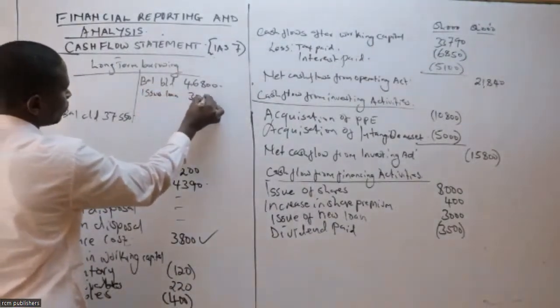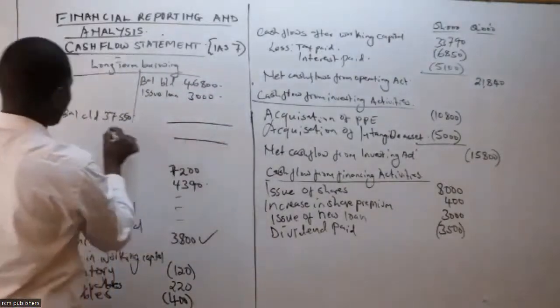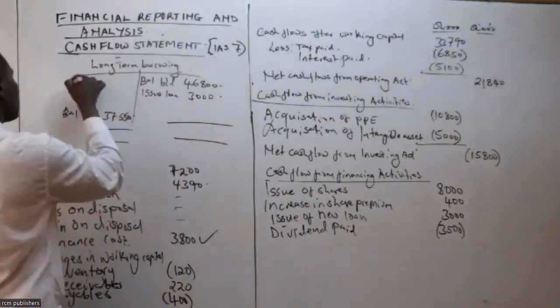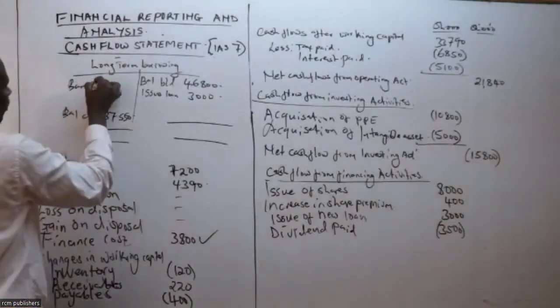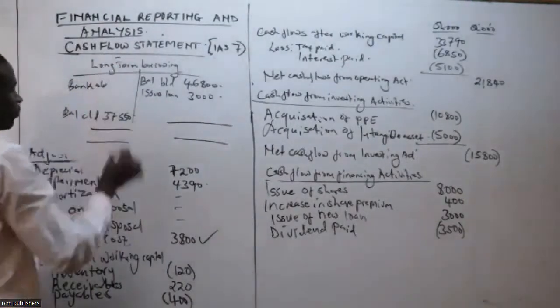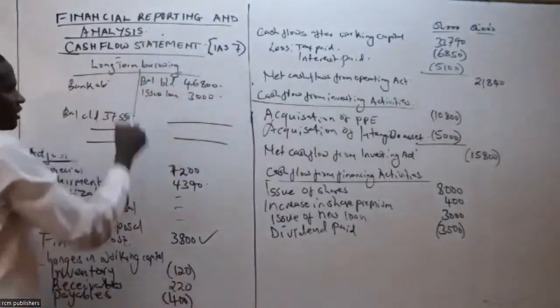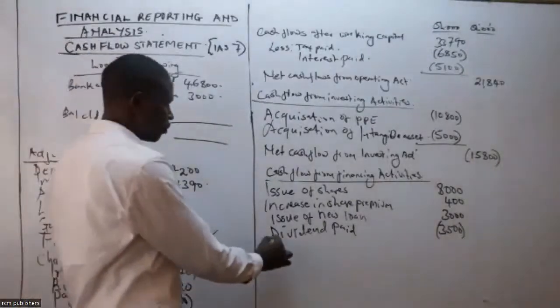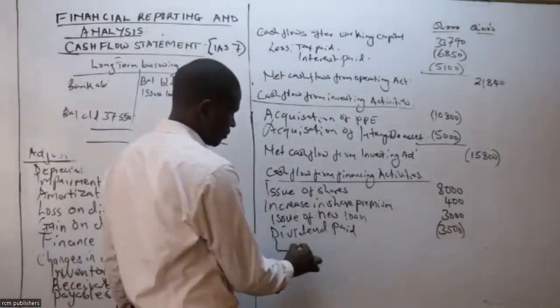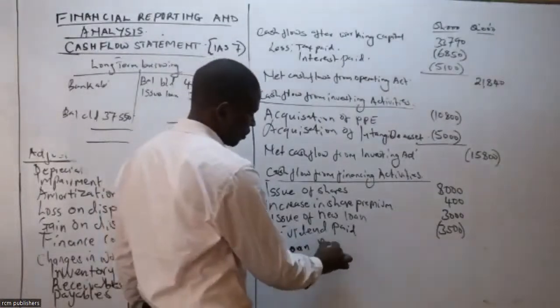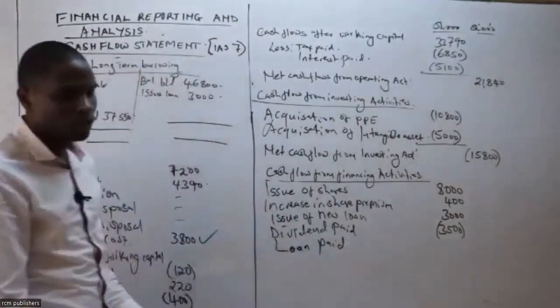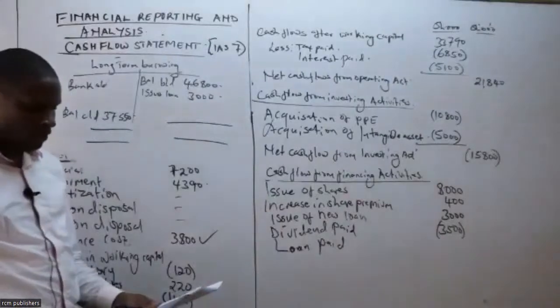So issue of 3,000. So the balancing figure, that means they paid loan, bank account, how much loan did they pay? So give me the balancing figure so we see what they paid. So loan paid. Give me the figure there.